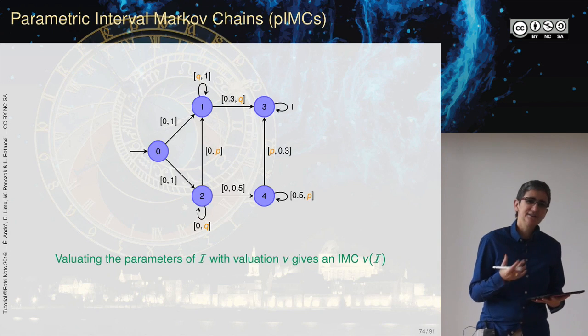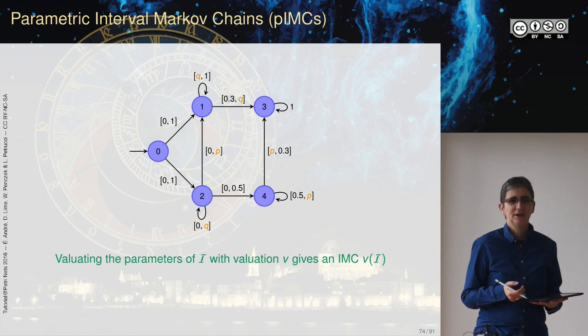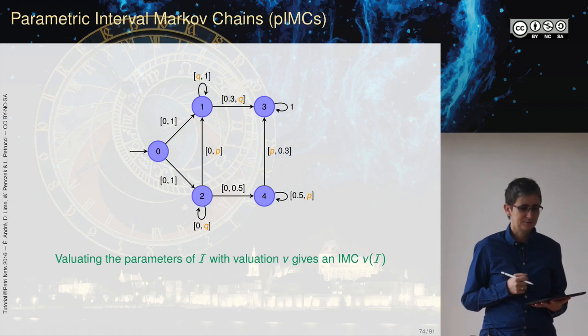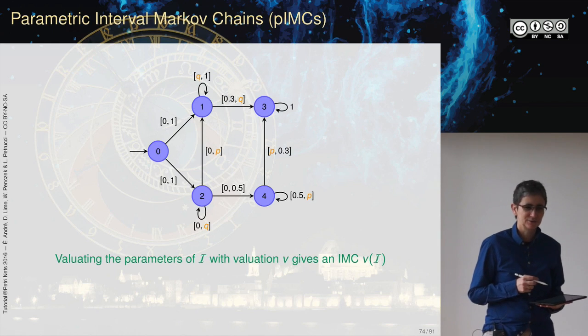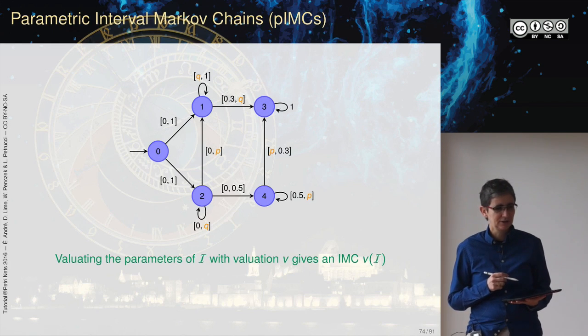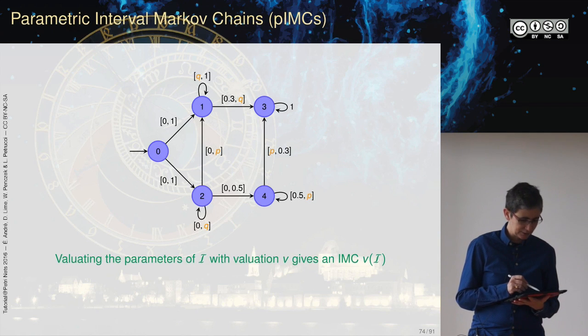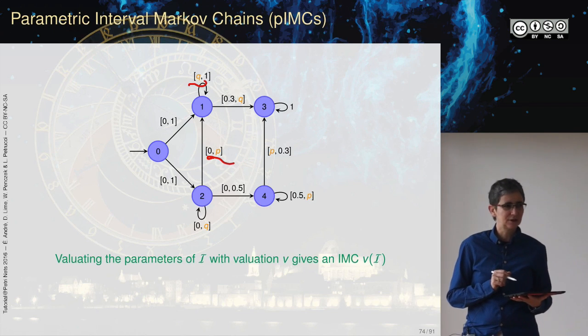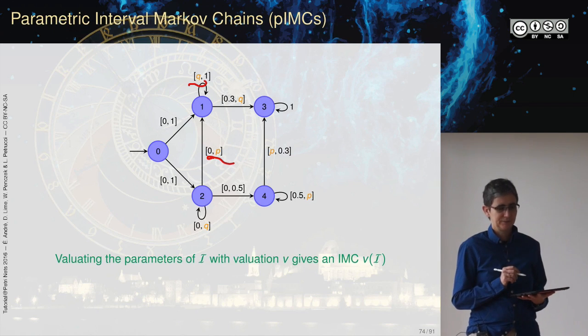If we want to extend this, because we don't know the actual bounds, we can use parameters. And that is the case here in parametric interval Markov chains, or PIMCs for short. You can notice that here we have some parameters, Q and P, and these parameters are either the lower bound or the upper bound of the interval.